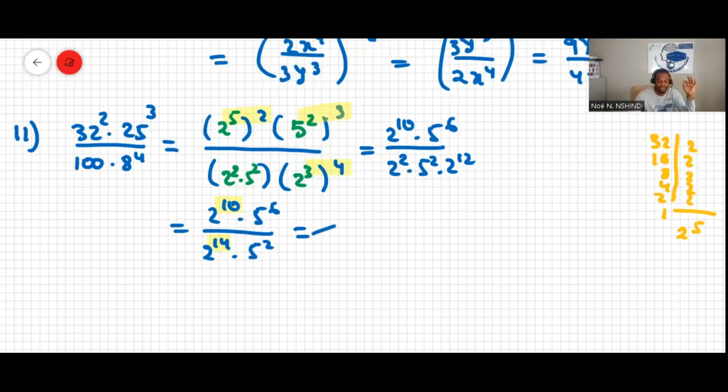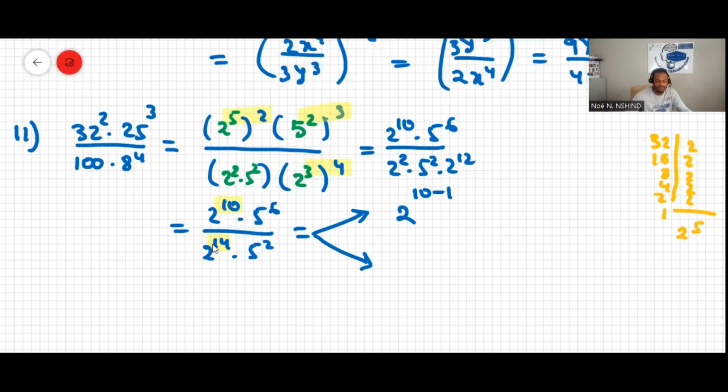I'll list here the 2 ways we can solve. I don't want to call it traditional, but maybe I can call it that. So I keep 2 to the 10, because the bases are all in terms of prime factors, I can just write it out. The power in the numerator is 10, and the power in the denominator is 14.